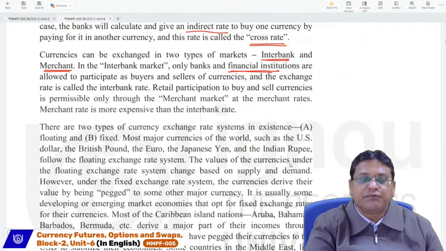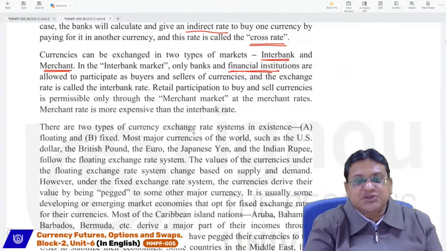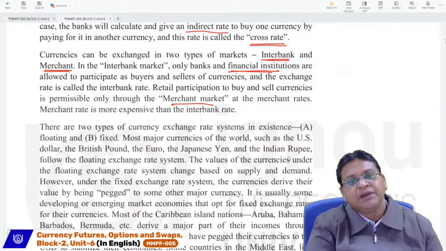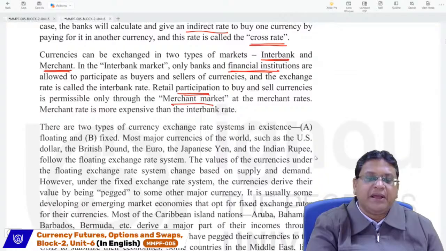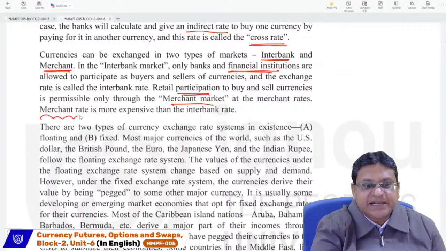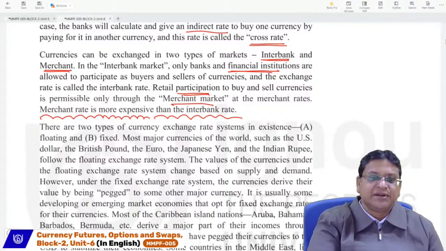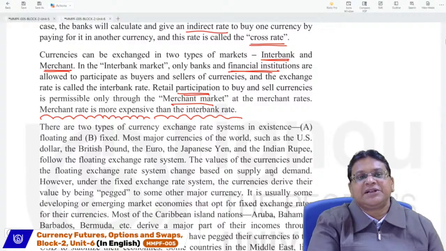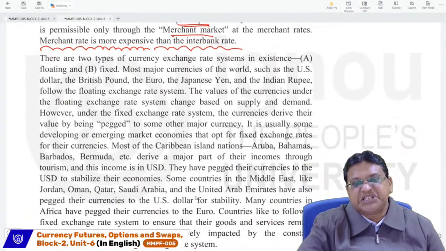Another portion of currency market is the retail market, that is known as merchant market. In merchant market, retail participation is allowed between buyer and seller. Normally the merchant rate is more expensive than the interbank rate. Next, in the world, there are two systems of exchange rate regime.